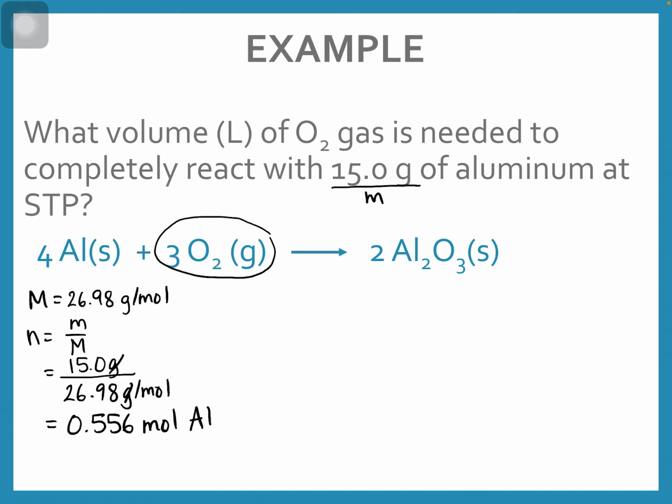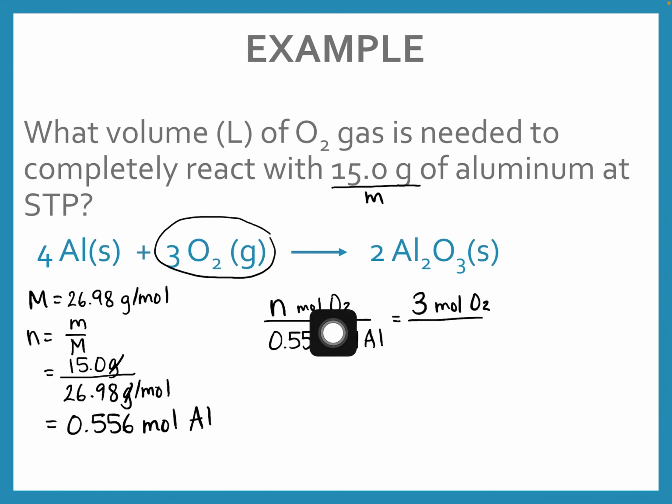So I need to figure out for that many moles of aluminum how many moles of oxygen I'm going to need. So I'm going to start with what I want to find. So my number of moles of oxygen for 0.556 moles of aluminum, and the relationship between those two is the same as from the balanced equation, and I need to make sure I have oxygen on the top because I have oxygen on the top over here, and then aluminum needs to be on the bottom.